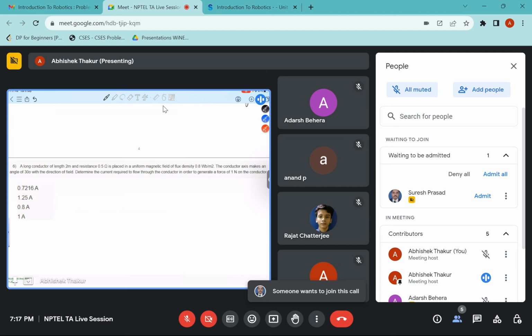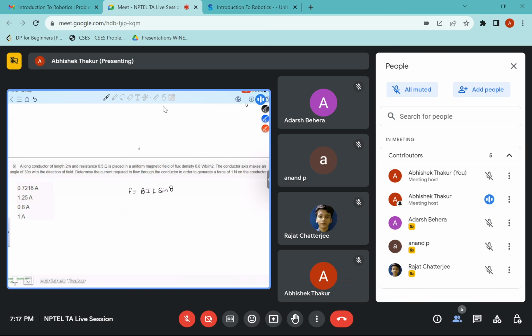So we all know that the formula is F is equal to I cross dl, so it will be ILB sine theta. Here the angle between the axis of current and the length is 30 degree.